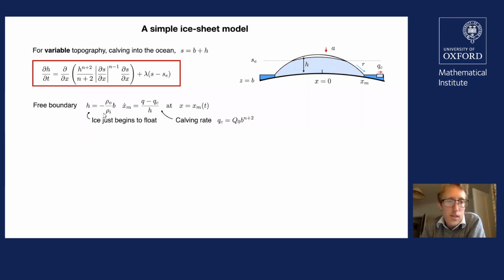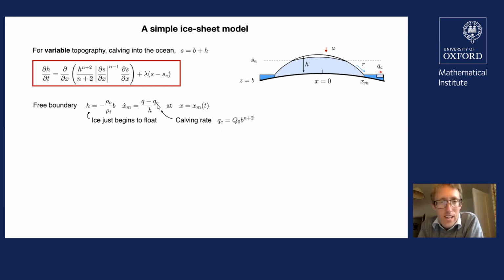And if H takes this value here, that means that the ice is basically floating at the edge. rho_O is the density of the ocean, rho_I is the density of the ice. And then this is like a kinematic condition, which says that if the icebergs are breaking off at a rate Q_C, then we'll arrive at this expression for how fast the edge of the ice moves.